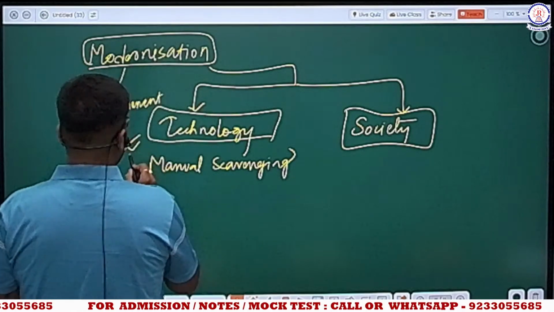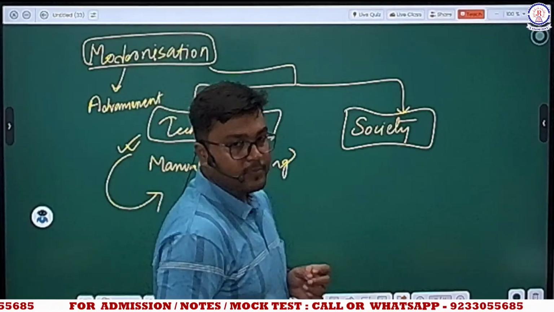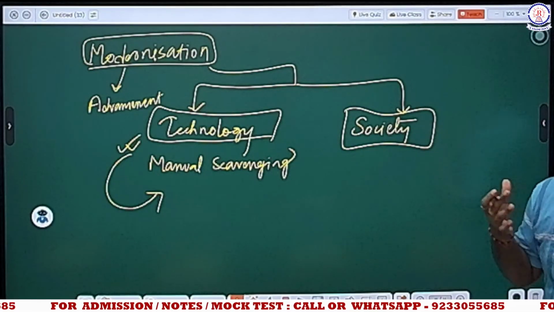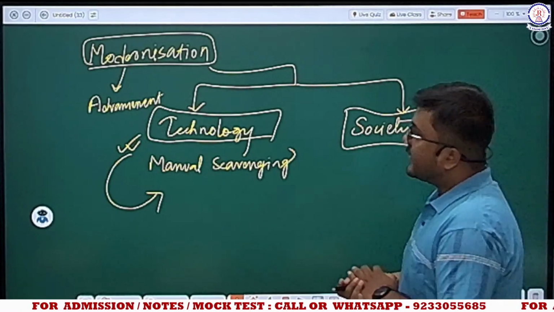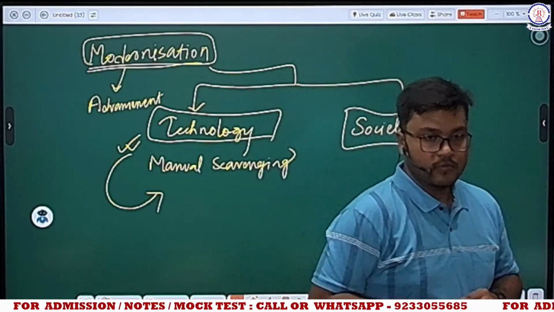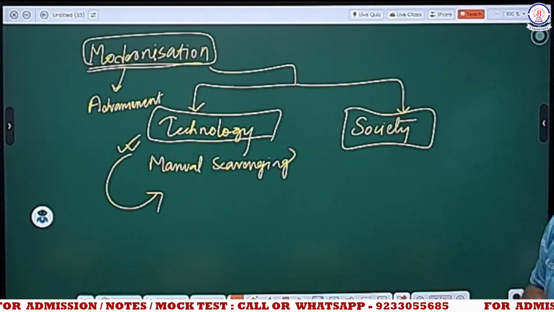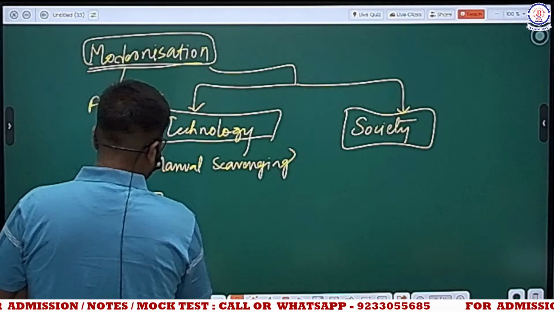Modernization will be when we have technology or machines so that people don't have to manually handle the waste matter or the feces and everything. That kind of modernization is what we are talking about, those which have a positive impact on the people of India. Another technology advancement can be in the field of farming.